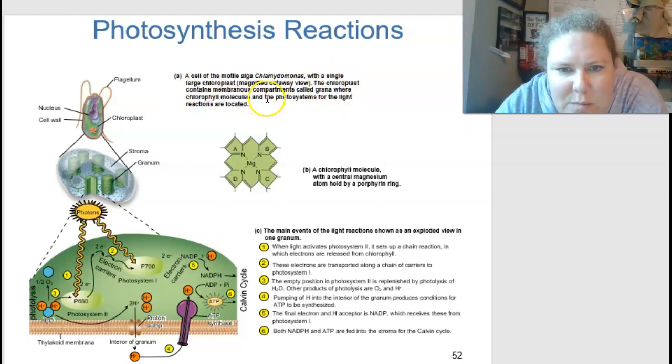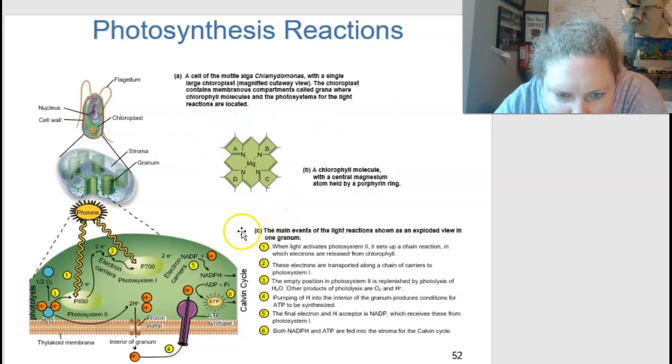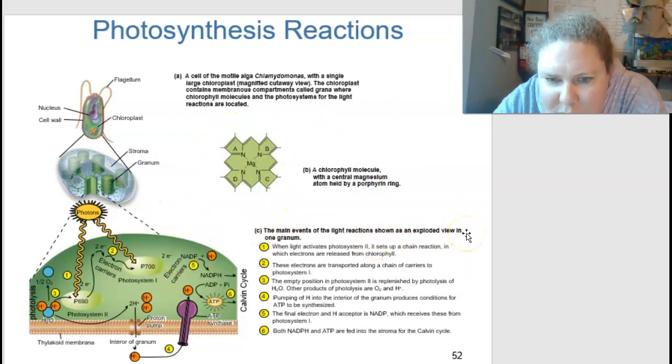The chloroplast contains membranous components where the photosystems for the light reactions are located. You have a chlorophyll molecule with its central magnesium atom held by a porphyrin ring. And then C down here shows the main events of the light reactions in an expanded view, with one granum.